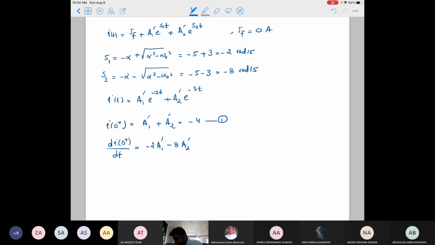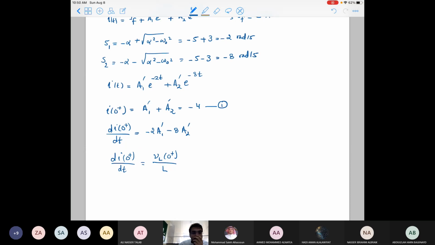So what is this derivative? It is going to be VL divided by L. So what is VL here?